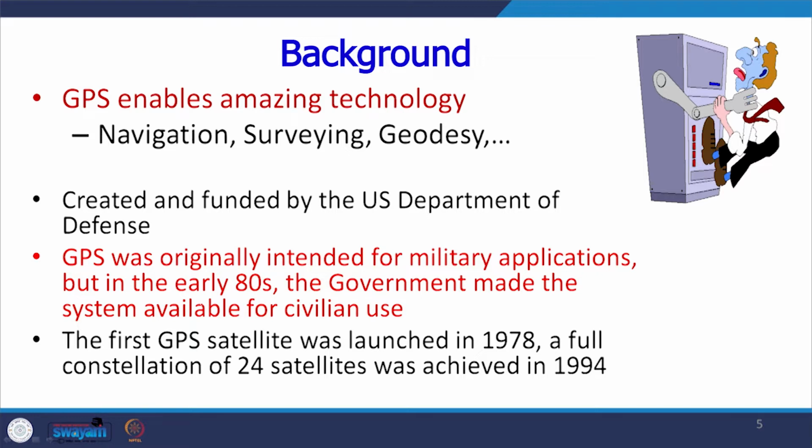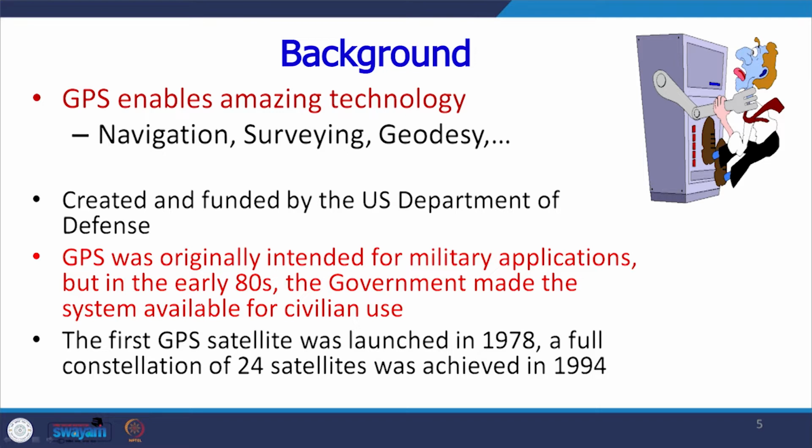So, DOD put in a lot of effort and funding in order to launch the satellites so that one can get the correct positions from these satellites for defense and army purposes.